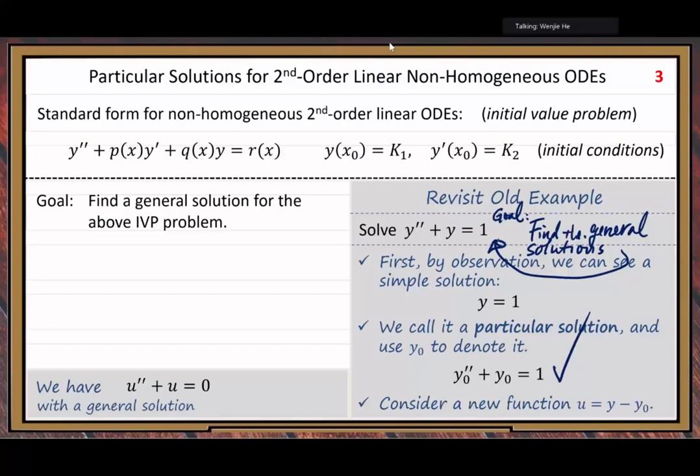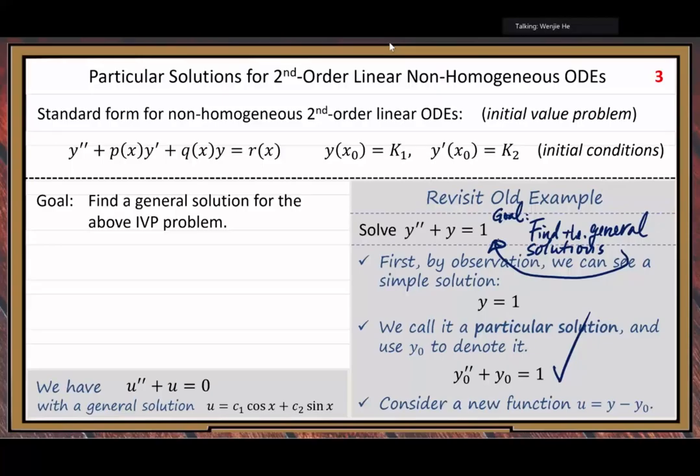What's the general solution? We did it once, remember, in Module 1, Part C, solving the simplest ODE. So here I just write it directly; you do not need to go back to your notes. C1 times cosine x plus C2 times sine x.